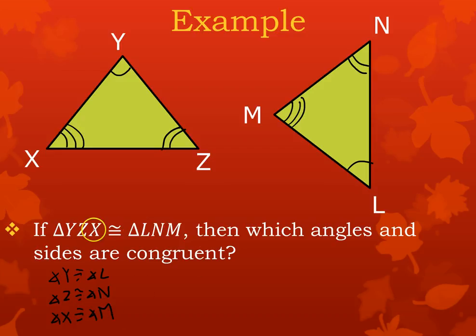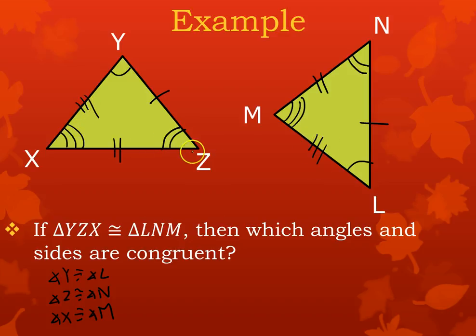And as for the sides, well, YZ, first 2 letters, LN, first 2 letters. They're both also across from your triple arcs. ZX is the last 2 letters, so is NM. Notice they're both across from the single arc. And then YX, first and last letters, LM, first and last letters.